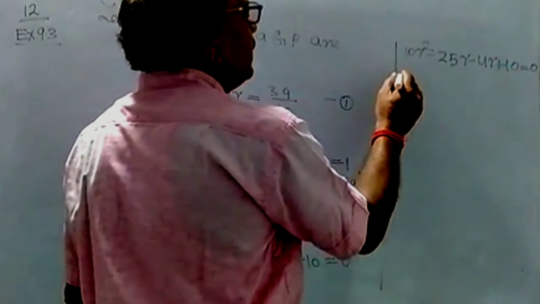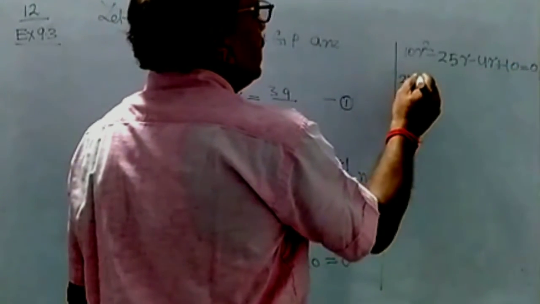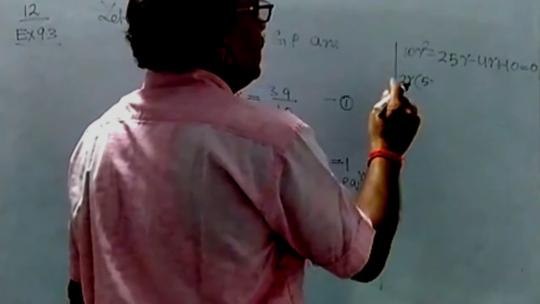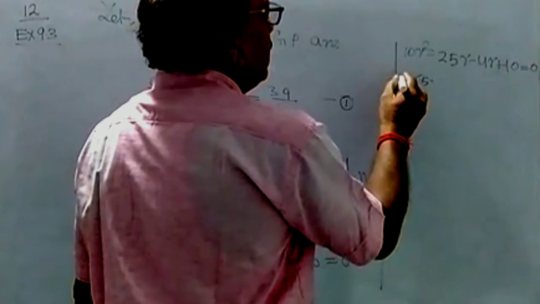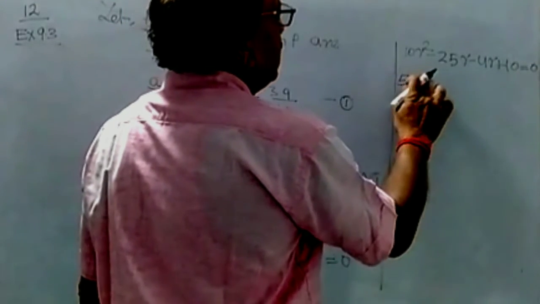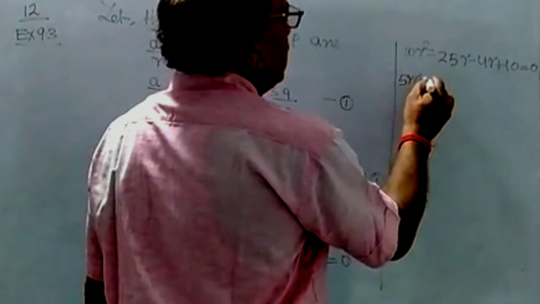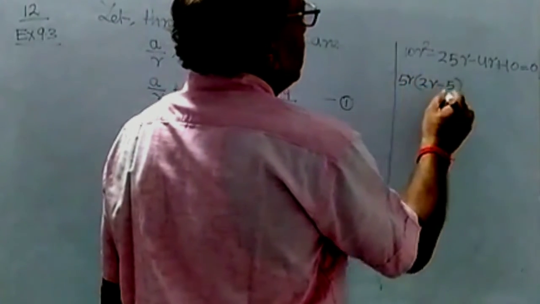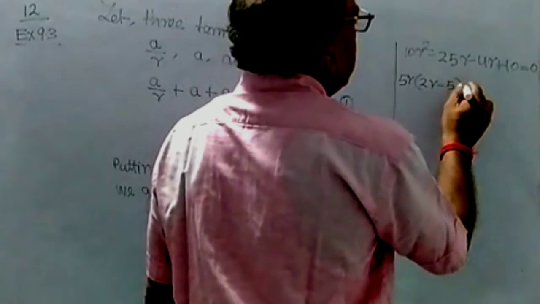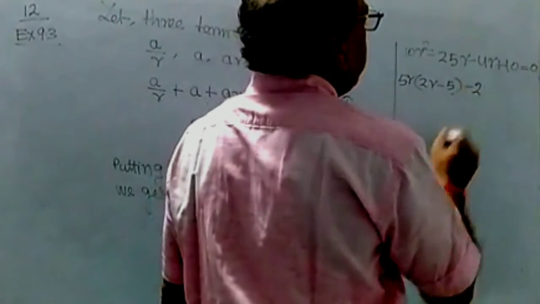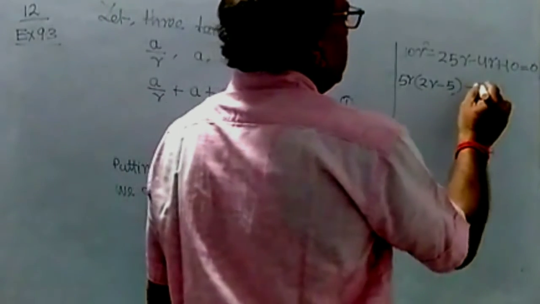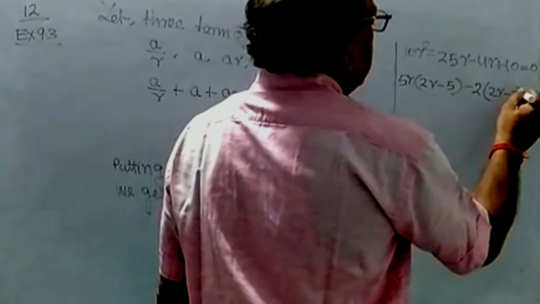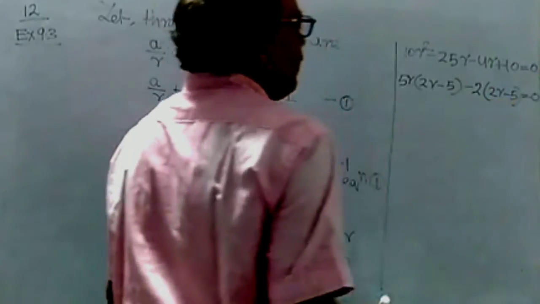Take 5r common here, you get 5r into (2r minus 5), and here you get 2 common, minus 2 into (2r minus 5) equal to 0.